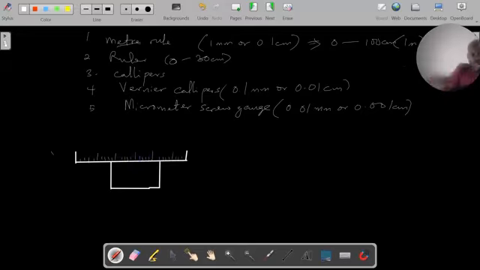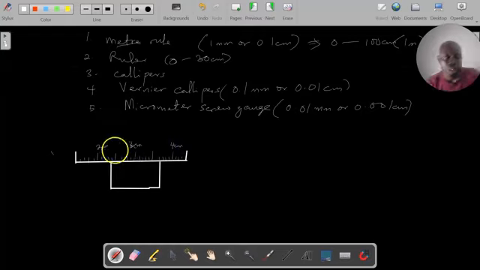So we have the vernier calipers given as this. Then definitely, let's say this is 2 centimeter, let's say this is 3 centimeter, let's say this is 4 centimeter.